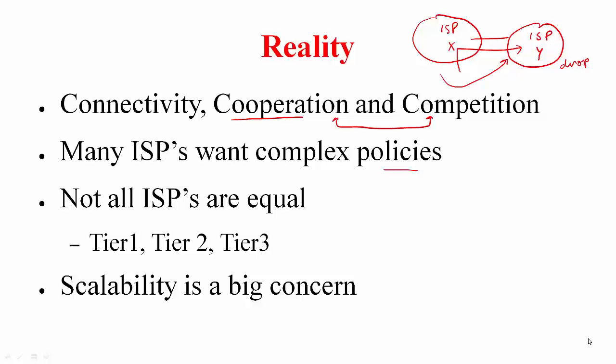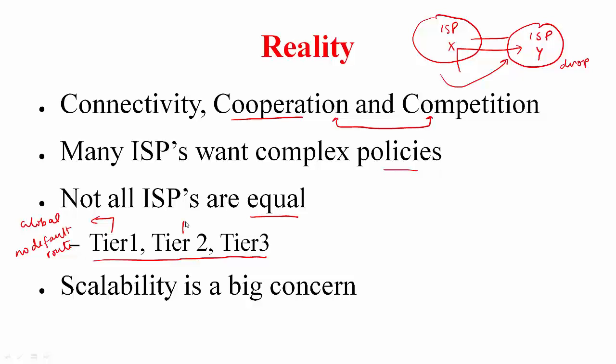Not only that, all ISPs are not created equal. So within ISPs, one can categorize them as tier 1, tier 2, tier 3. Tier 1 ISPs are global in scope. In other words, the routers within tier 1 have no default route. What this means is they know how to route traffic to any IP prefix in the internet.